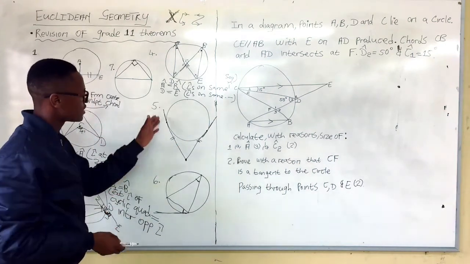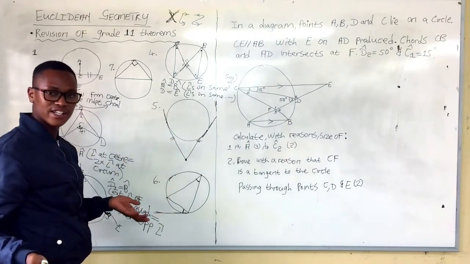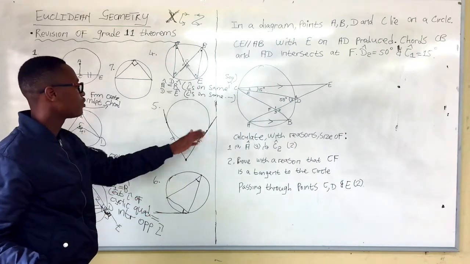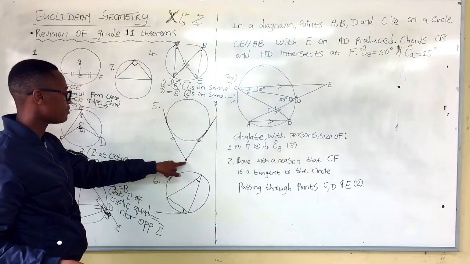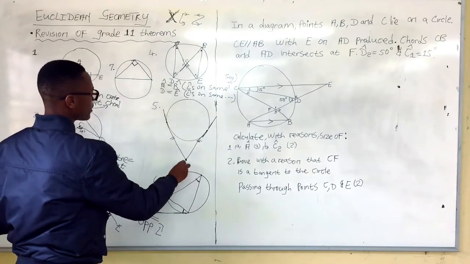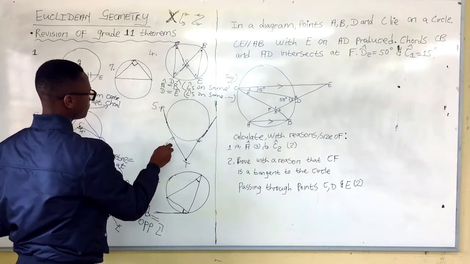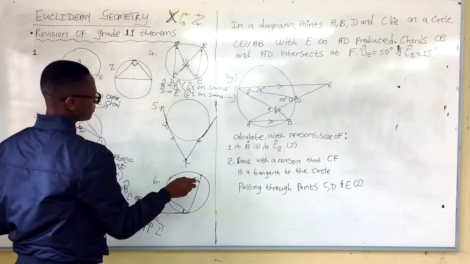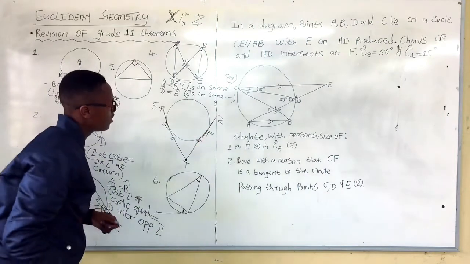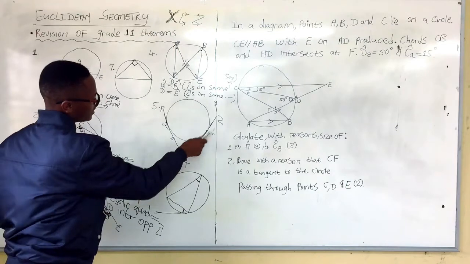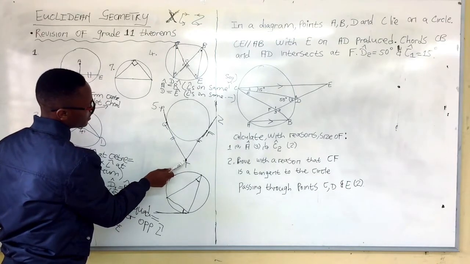Here we have tangents drawn outside a circle, two of them, and they come from a common point. Let's say this point is point T, and then P, Q, Z, and maybe F.